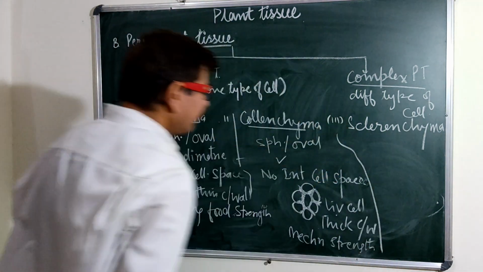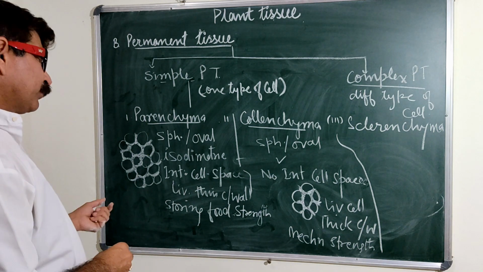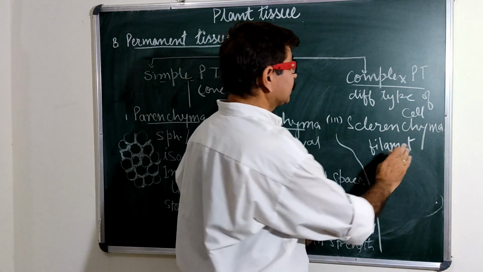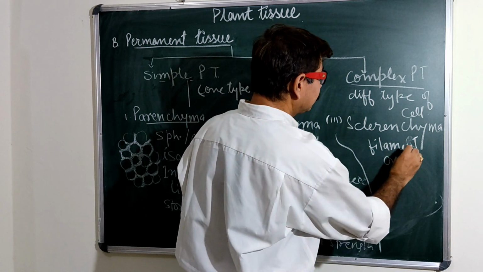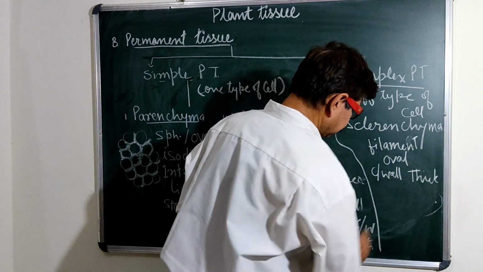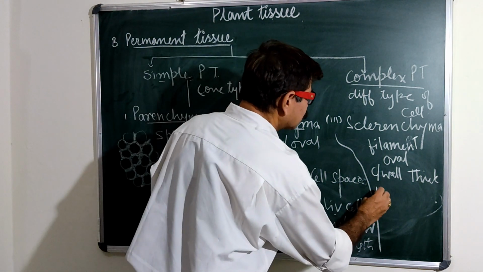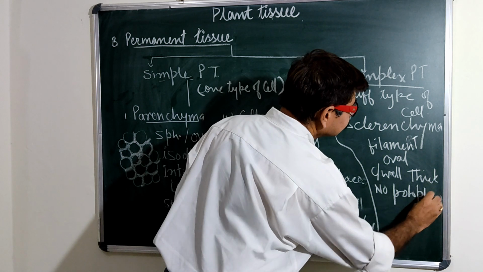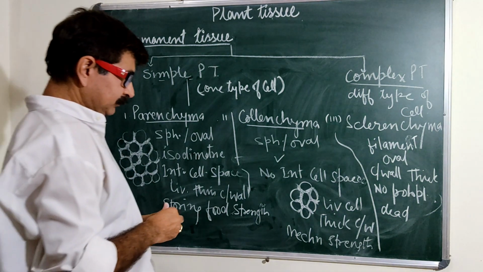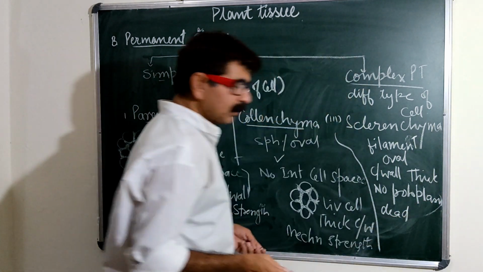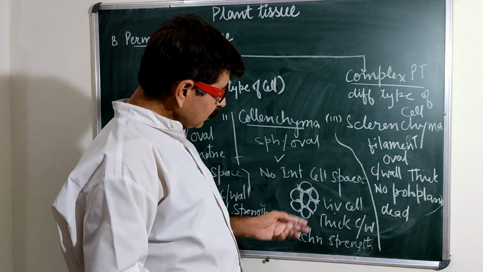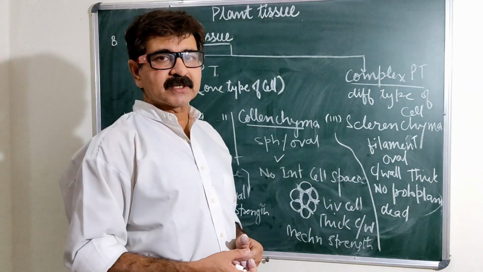On the other hand, we have the sclerenchyma tissue. Sclerenchyma tissue, of course, may be filamentous in shape, like filaments, or oval shape, but the cell wall is so thick. No protoplasm, it dries up completely. So these cells are dead and they provide mechanical strength. They are found on seed coats and in fibers. Filaments are there, and the oval shaped cells are known as stone cells.